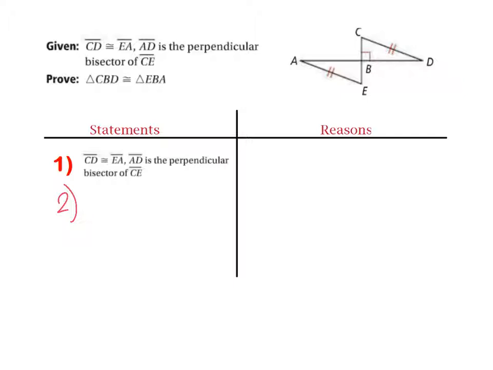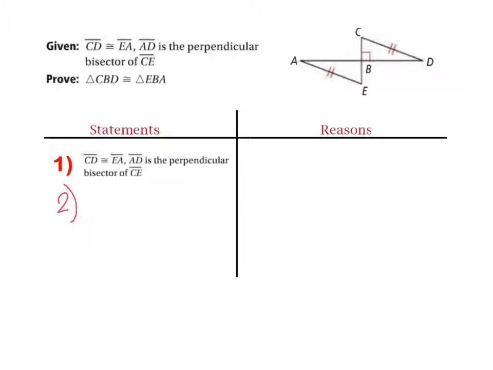AD is the perpendicular bisector of CE. AD, right here, is perpendicular. I can see that because they have it marked, but I have to do something with that. But it's the bisector of CE. This is coming in and bisecting CE.